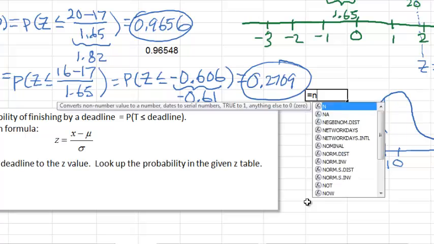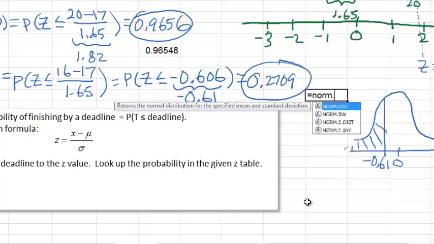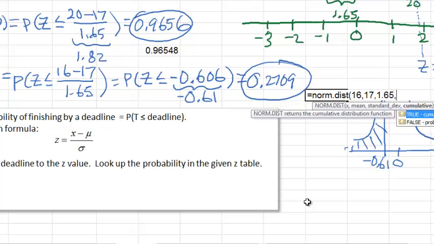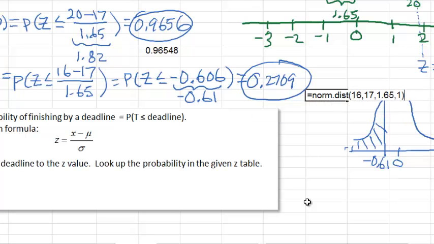So here was NORM.DIST, and then we have 16, 17 is the mean, 1.65 is the standard deviation, and 1 for cumulative, and that gives us 0.27224. Again, similar but not exactly the same because of that round-off issue with the z-value. And that's the end of the second example.